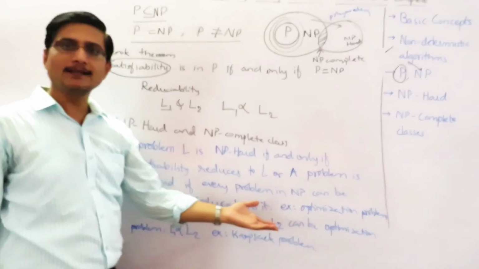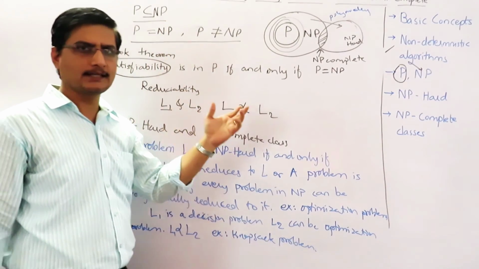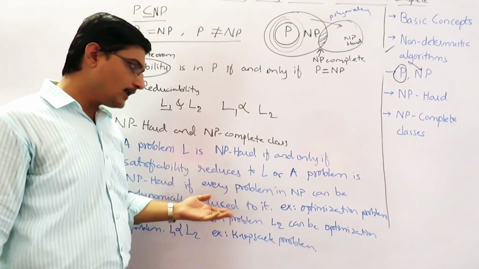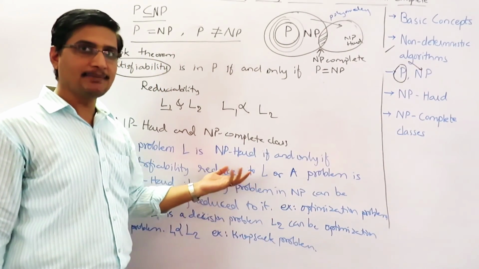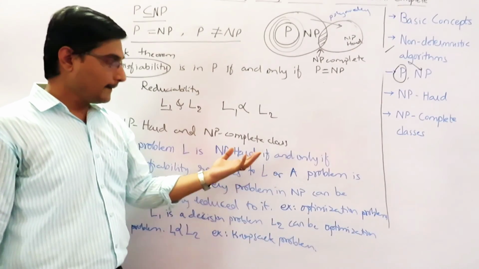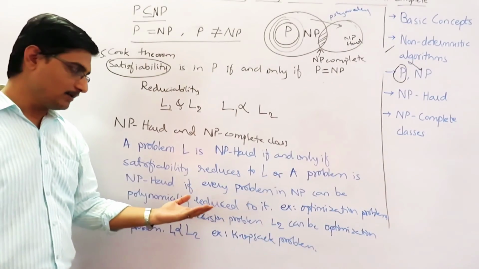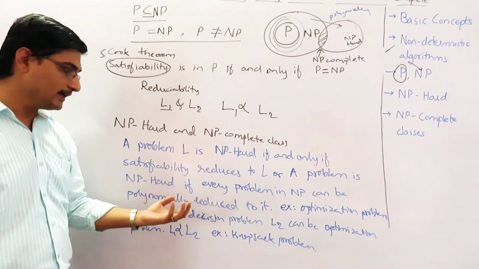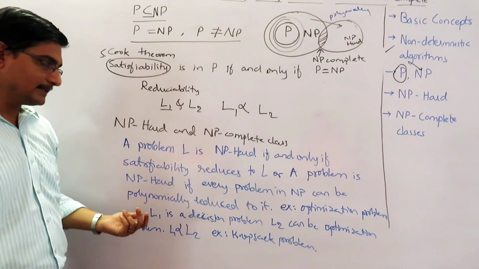For example, all the optimization problems we discussed earlier, Hamiltonian, knapsack, traveling salesman, you can put them in this category, that is NP hard. And if we are able to polynomially convert them to a decision problem, then we can say that they can be solved in the NP complete class.